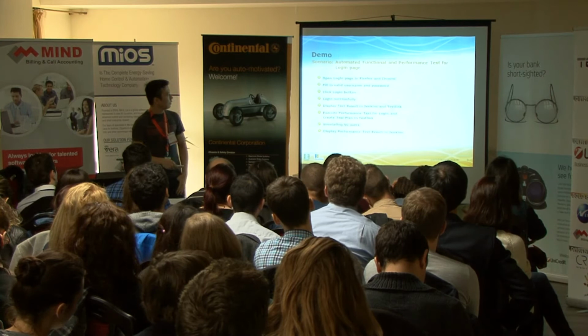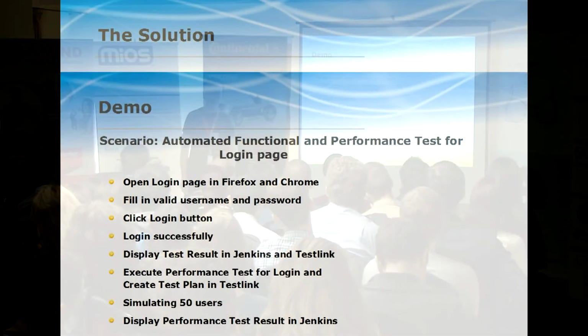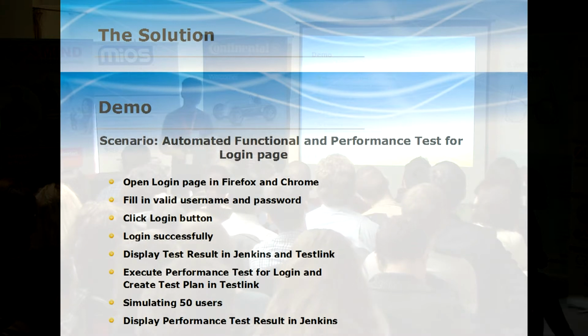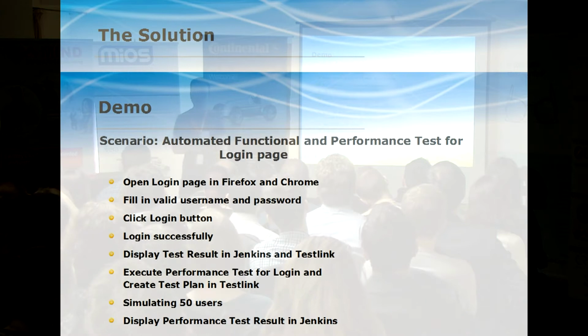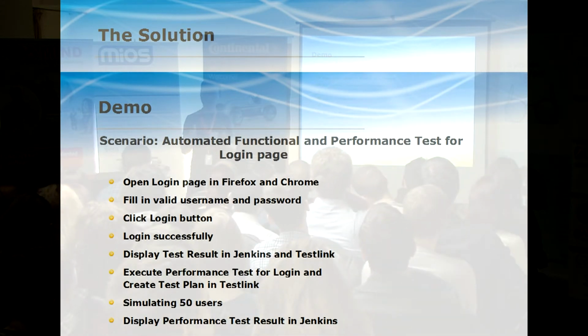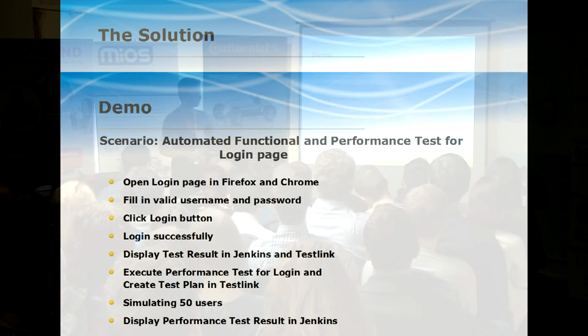Okay, now is the content of the demo. The demo is so simple. I will demo the login page of TestLink, which I host on my laptop, using Firefox and Chrome. It will run in parallel, so you will see two browsers open and execute the test. Fill in a valid username and password, click the login button, and then go to the home page. That is the first part.